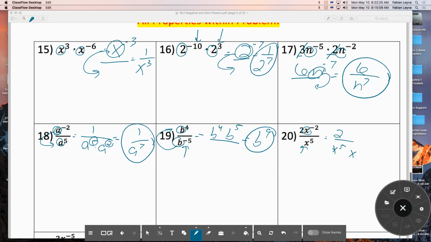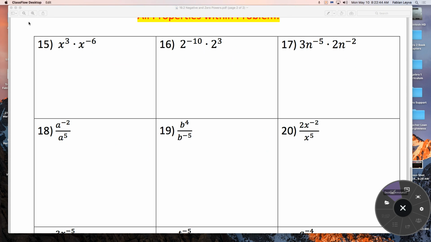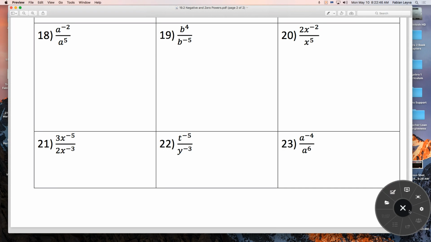I'm going to move this base down to make that exponent positive. And then I can clearly see that I have 2 like bases getting multiplied together. What do I do to their exponents? I add them to get 7. Okay? So you can see how things are starting to get a little complicated at times, but you guys will be all right.